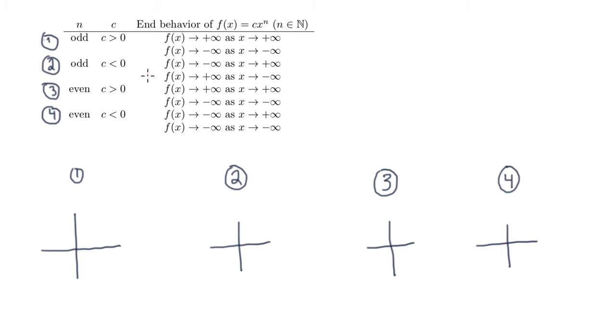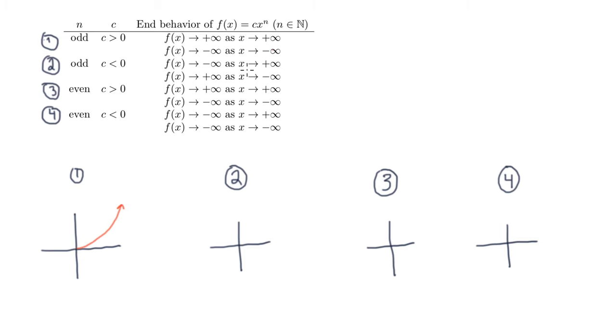So in the first case, this is an odd power function, meaning that the power is odd, and c is positive. And now what this is saying is that the end behavior, as x goes to positive infinity, so this way, the function f is also going to positive infinity, like this.